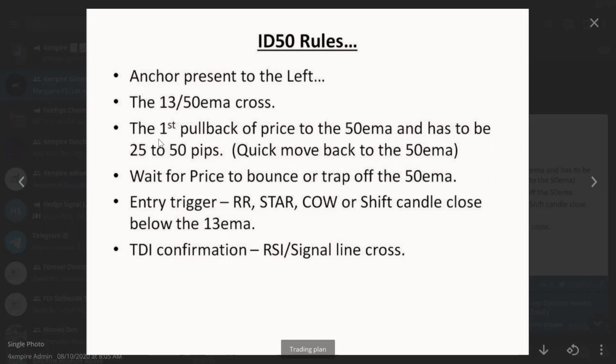You should note: anchor to the left, 13 50 EMA cross, the first pullback of price to the 50 EMA, and it has to be between 25 to 50 pips.